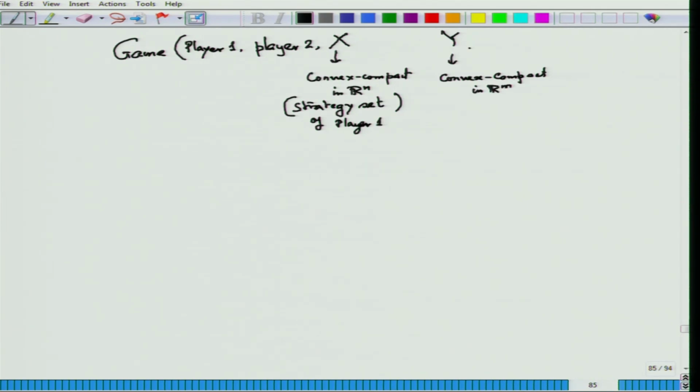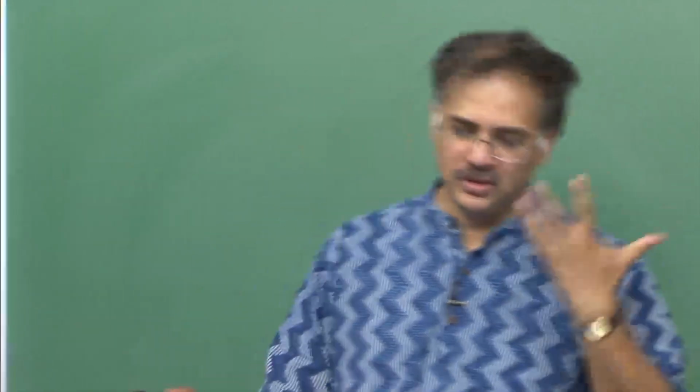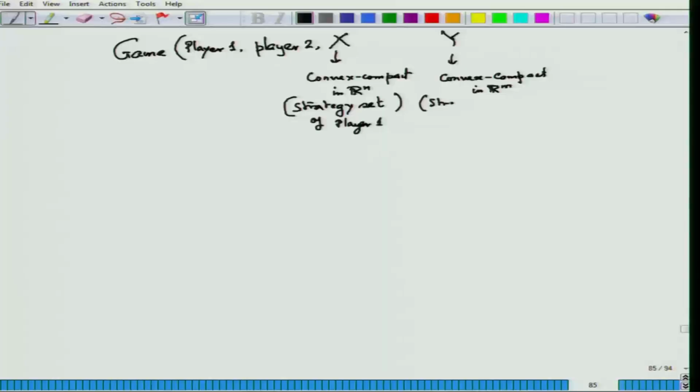These could be mixed strategies. Those who know some game theory know it could be a simplex actually, because it holds the probabilities of the moves. Here we are doing it in a slightly abstract fashion.